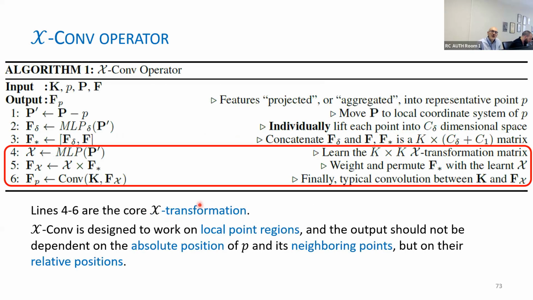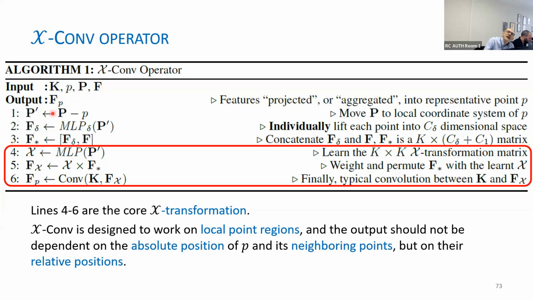Okay, so this is basically the algorithm that summarizes this XCONV operator. Again, you see the input, where K is something that we have to compute, P is the representative point, and P and F are the coordinates and the features of the neighbor points at the previous level.